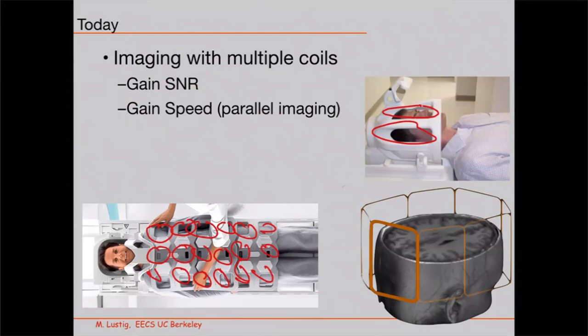But increasing the resolution often costs scan time, because you need to collect more phase encodes. But if you can reduce the scan time, thus reducing SNR but keeping the SNR the same because you gain from the multiple channels, now you can speed up the acquisition. That's a nice trade-off because you can finish the scan faster. So we're going to talk about that.